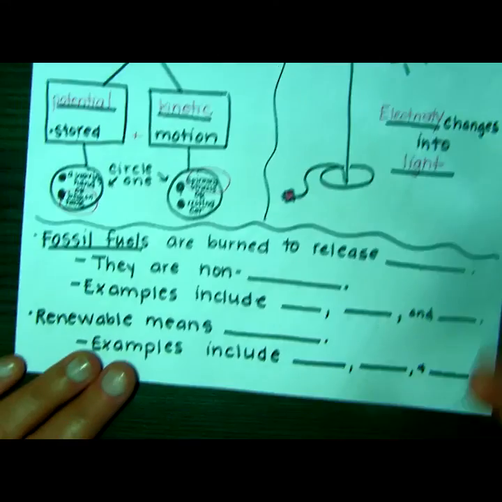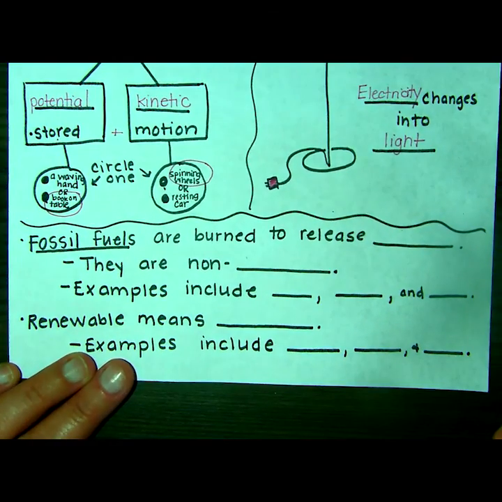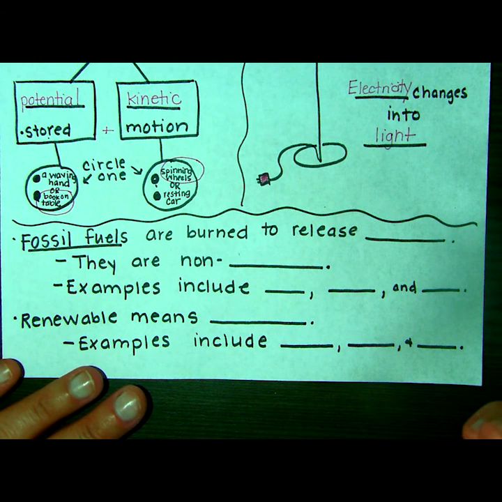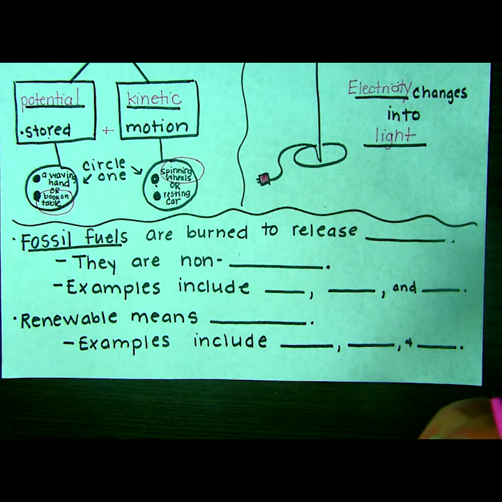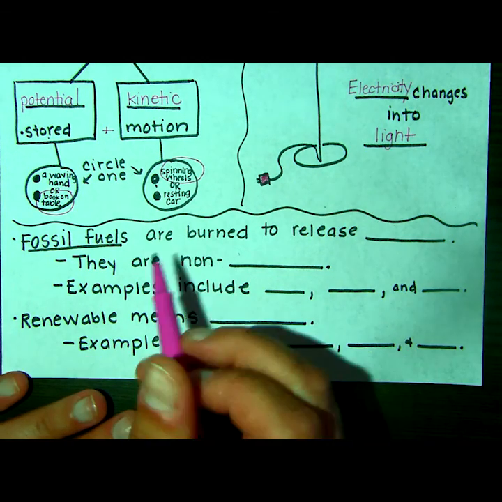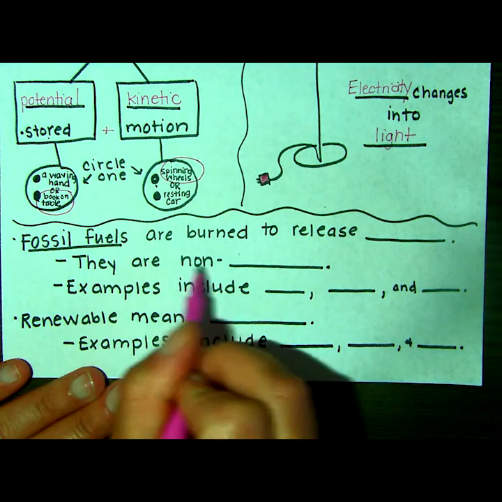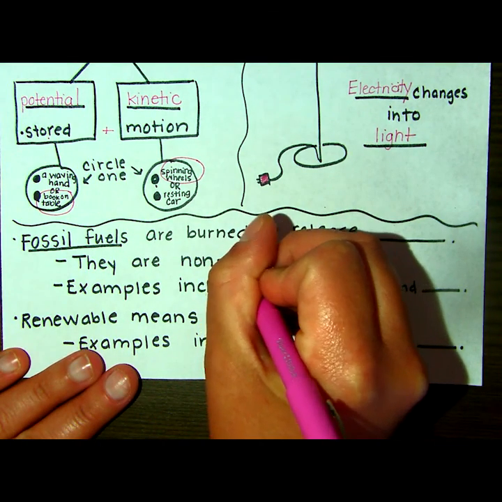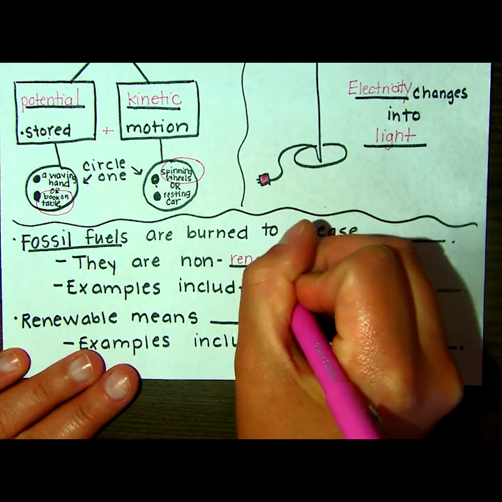So now we have the last part of our study guide, a quick review of renewable and non-renewable resources. So when we're talking about the production of energy, sometimes we refer to non-renewable resources. Now this means that once they run out, they run out.